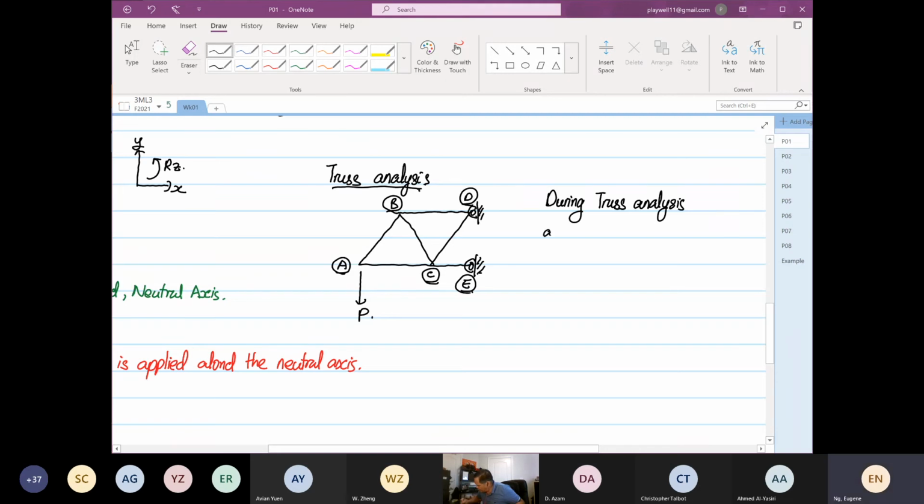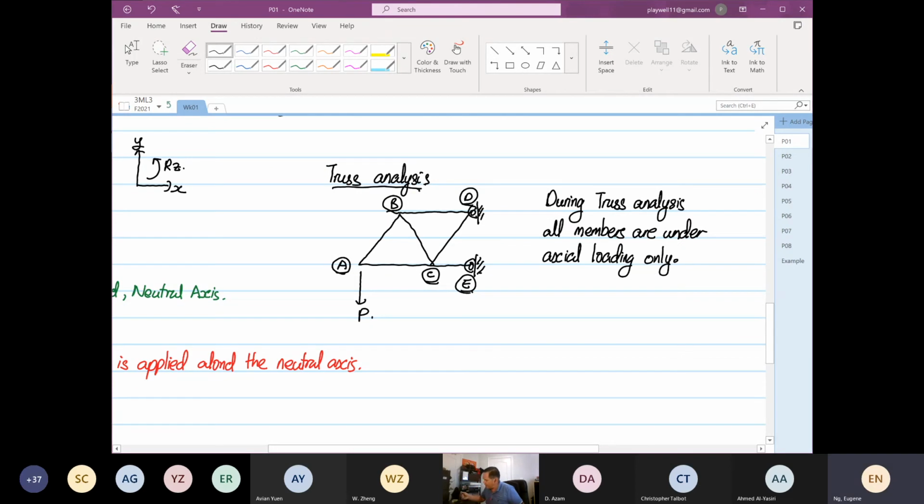Okay, all members are under axial loading only.